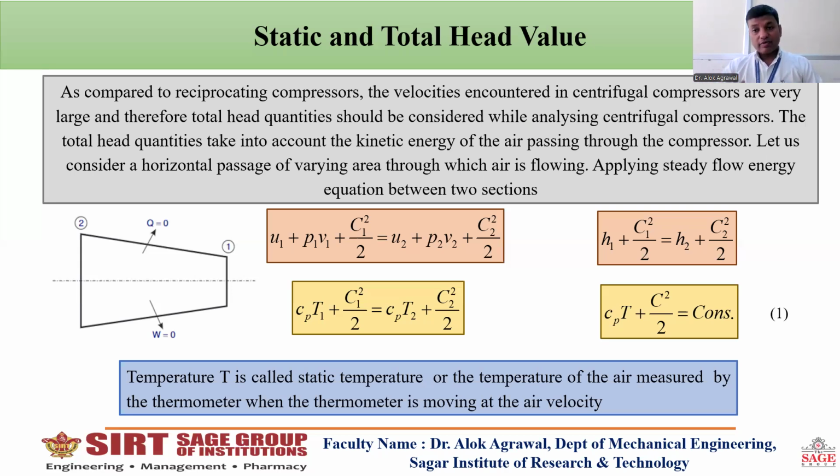In that case, we call it a static temperature because the kinetic energy of the fluid is not taken into account. So T is the static temperature because kinetic energy is not included in it.